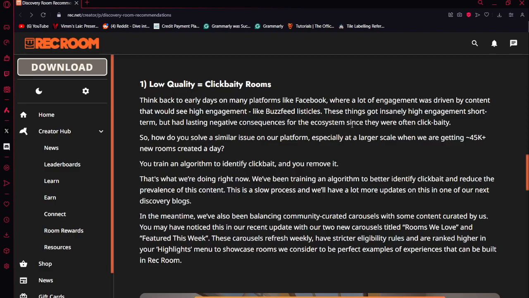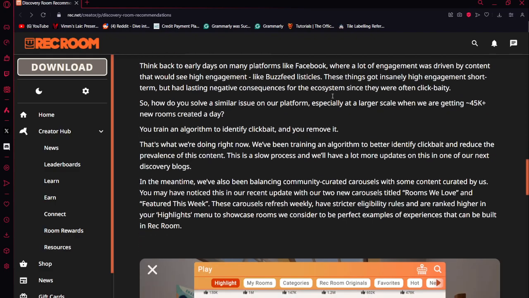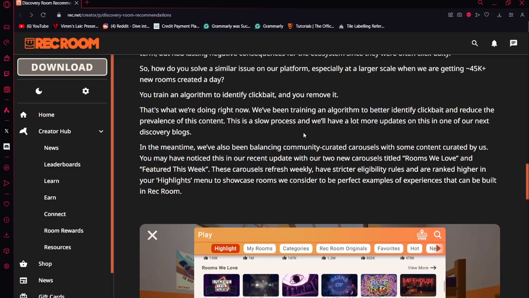I will definitely agree with that because there's so many PvPs and militaries, and clickbaity thumbnails too that will draw people in. It's definitely a lot negative. Solve a similar issue on our platform where we're getting 45,000 rooms a day.